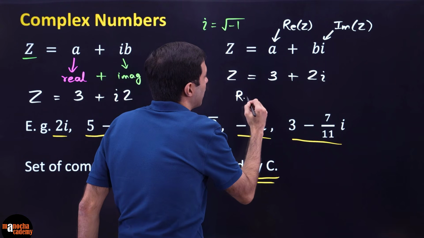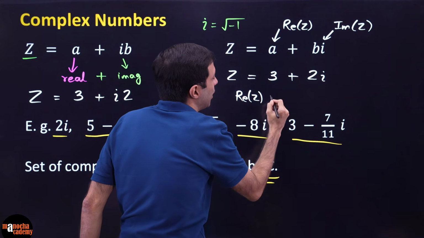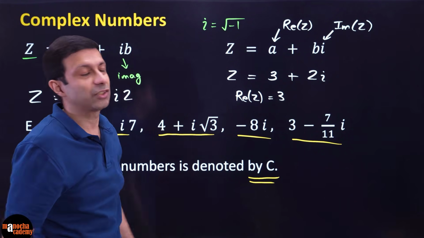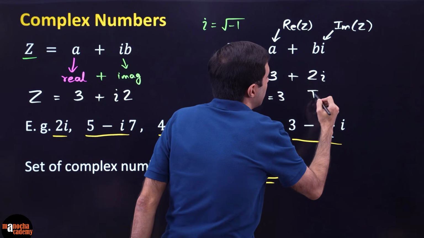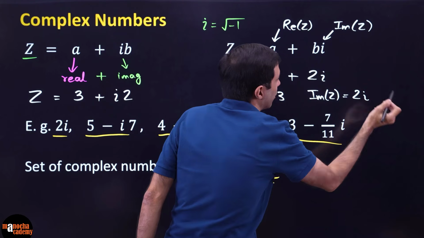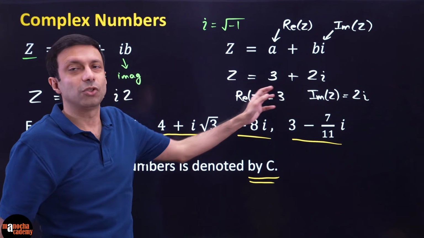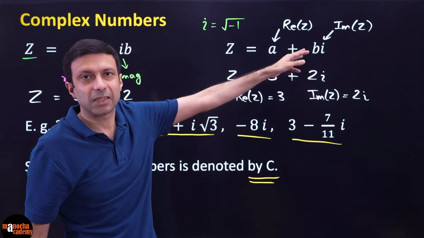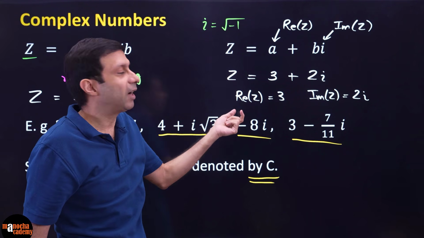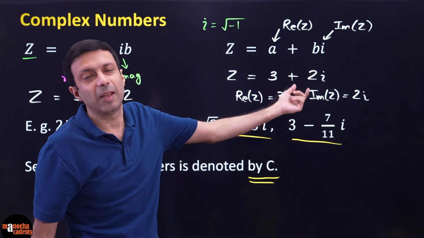In this example, REZ is going to be equal to 3. Just the real part. And since you have 3 plus 2 iota, the imaginary part IMZ is going to be 2 iota. So note this notation. It is the same thing as a plus bi, right, or b iota. Just we want to break it down into the real part, REZ, and the imaginary part, IMZ.